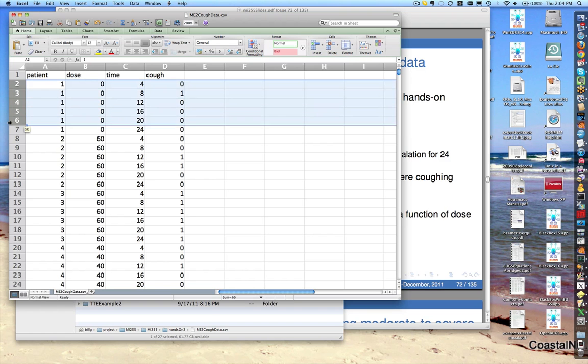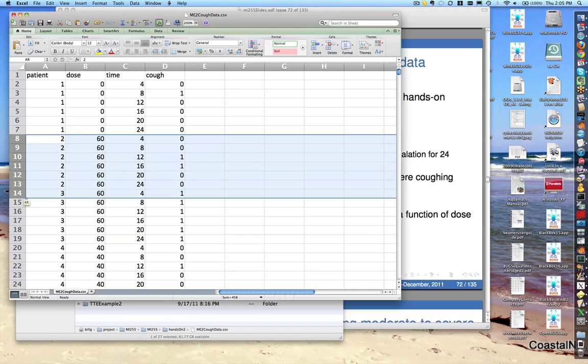You can see right here, for example, I've highlighted the data for a single patient. In this case, I made it a fairly trivial simulation where we don't have any dropouts. So we've got 6 observations for each individual, and you can see a mix of behaviors here. This is a placebo patient who had one coughing episode during the second interval.